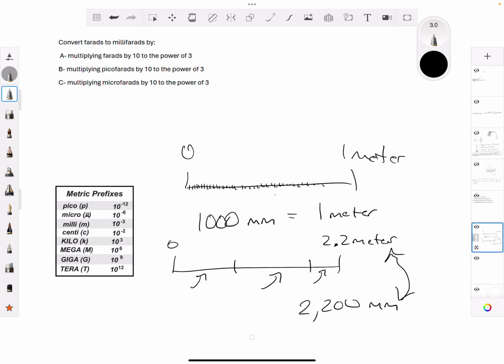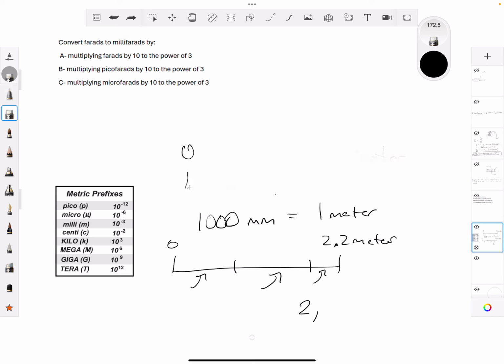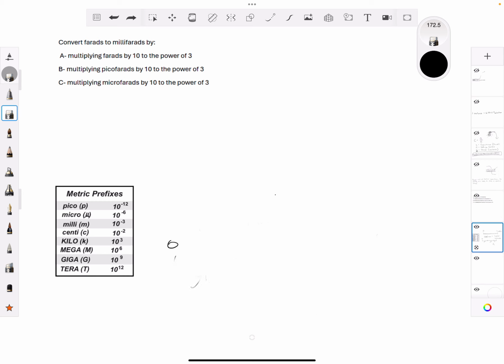So the whole idea is, why do I want to use meters or millimeters or micrometers and kilo? Well, if I was going from city to city in a car, would you want to have the distances measured in meters? Would it be like, oh, from one city to the next city is 230,000 meters? Or would you rather say 200 kilometers, right?